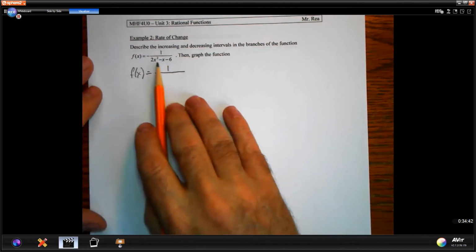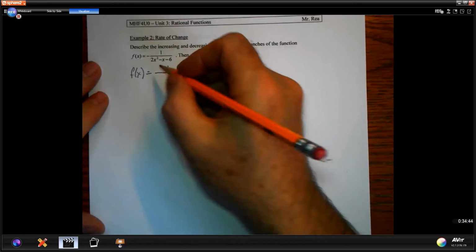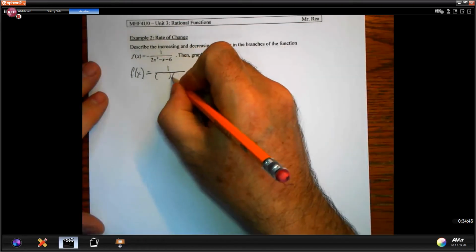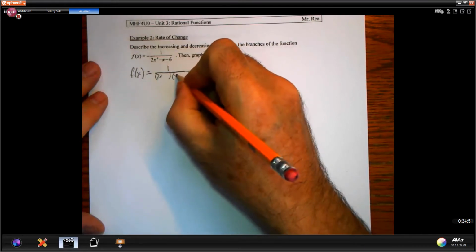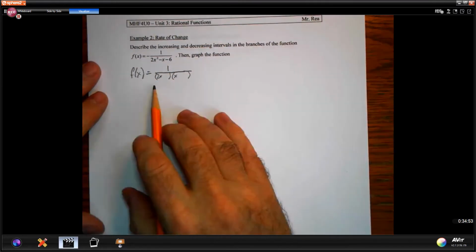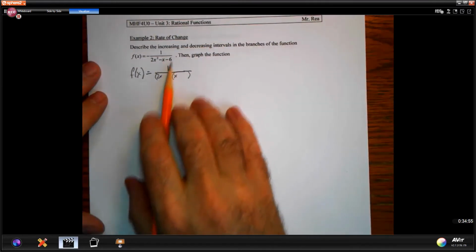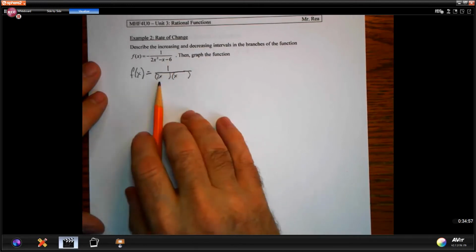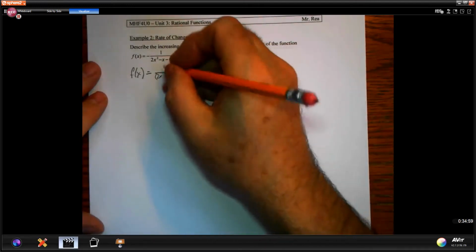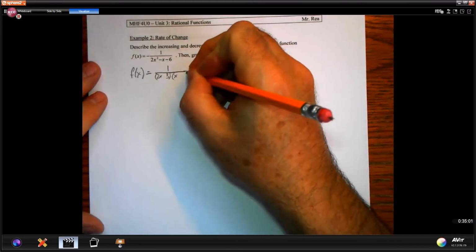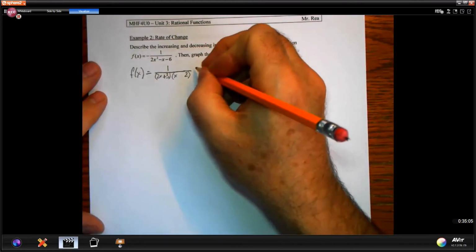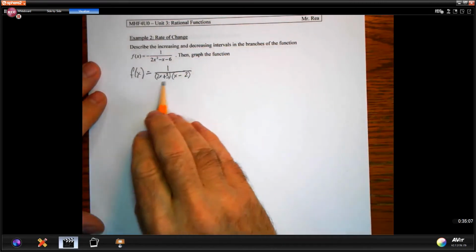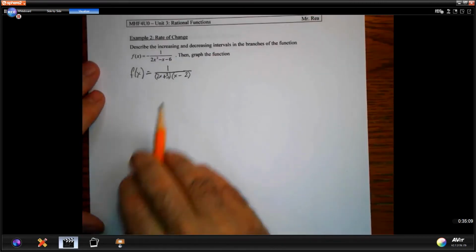This is a complex trinomial. But because it's a 2x squared, you know you're going to have a 2x and an x. That's the only way you can get 2x squared, and there's going to be either a 3 and a 2 here, or a 6 and a 1. Through some trial and error, we find that it's a 2x plus 3 and an x minus 2. And you can always check your work to make sure that's true.